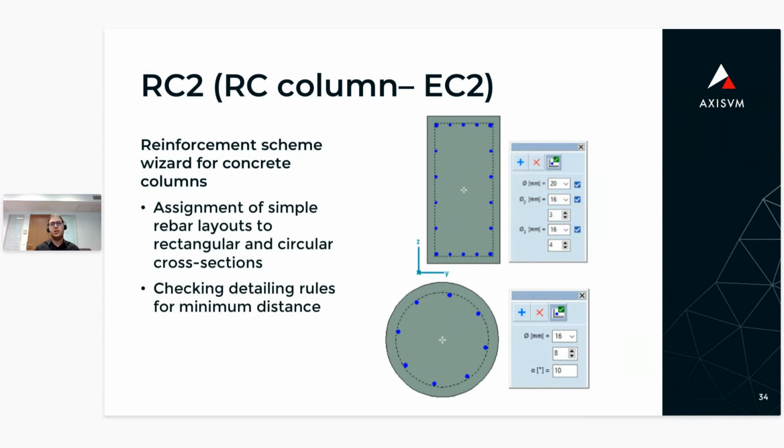For circular cross-sections, the user can specify the rebar diameter, the number of rebars, and define the rotation angle. For rectangular cross-sections, the wizard allows customization of corner rebar diameters, as well as the number and diameter of intermediate rebars in each direction.